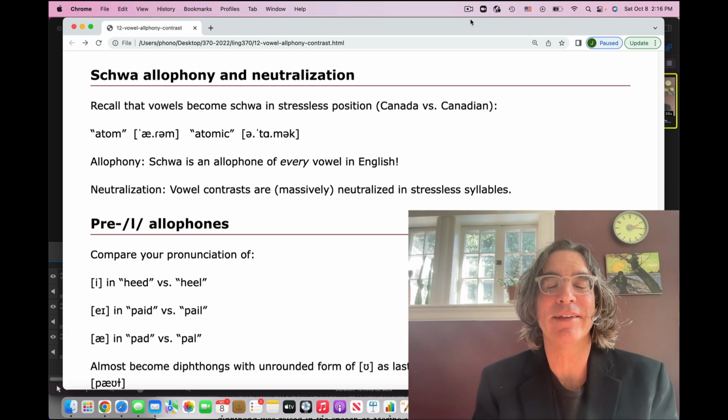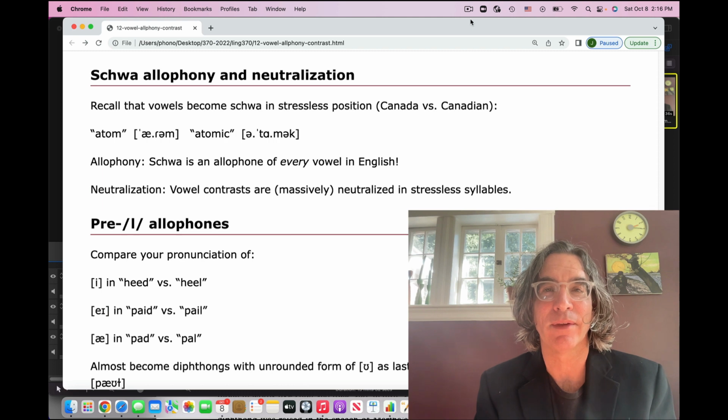We're now turning to another case of allophony and also neutralization this time. So remember that vowels are schwa in stressless position. So we talked about the contrast between Canada, which has a full vowel in the first syllable, and then schwas in the second two, versus Canadian, where the stress shifts onto the second syllable, and the first syllable now has the schwa.